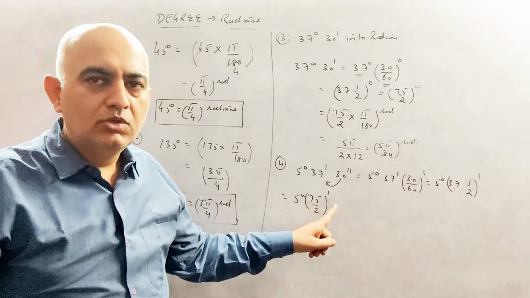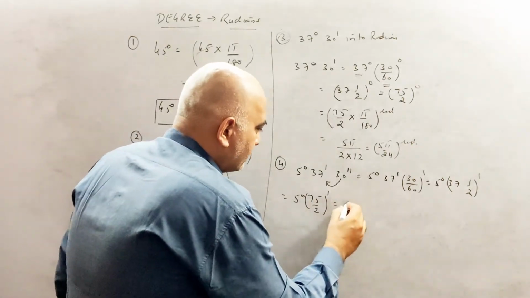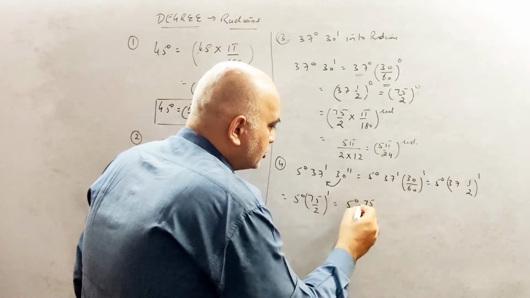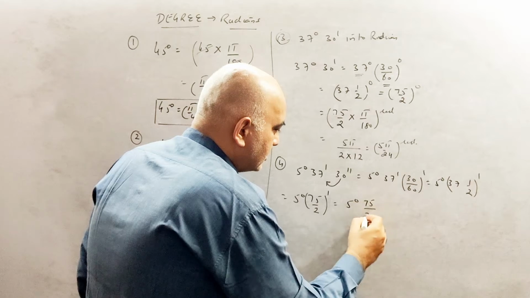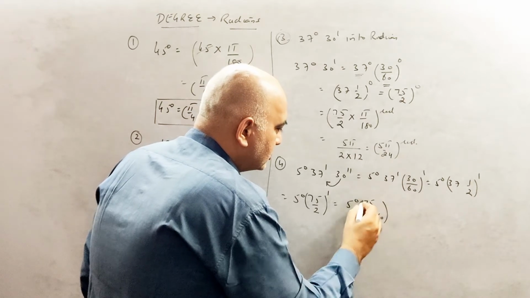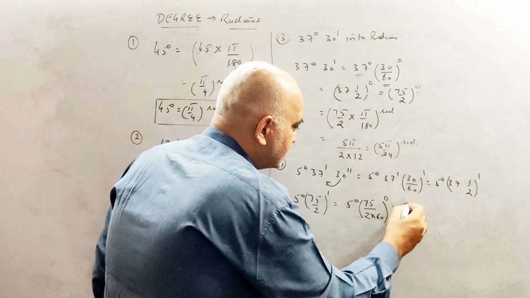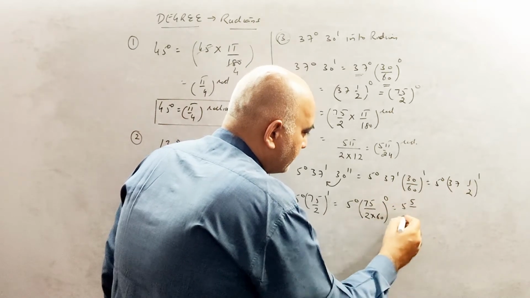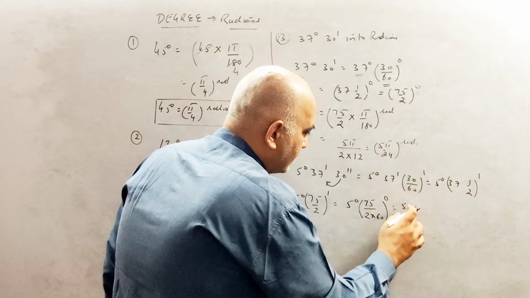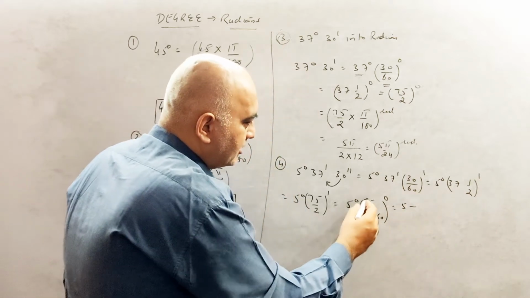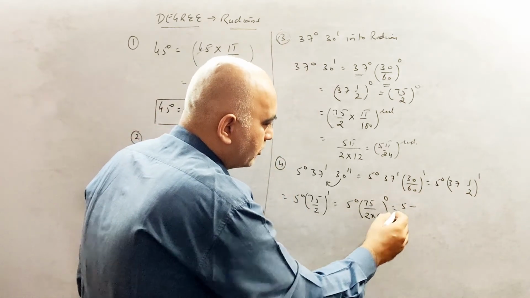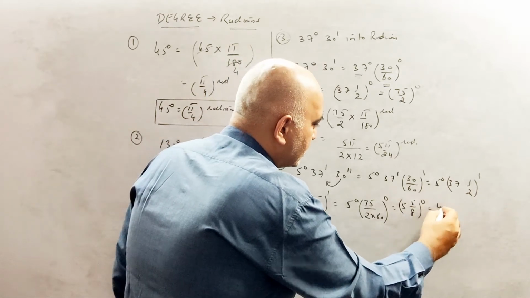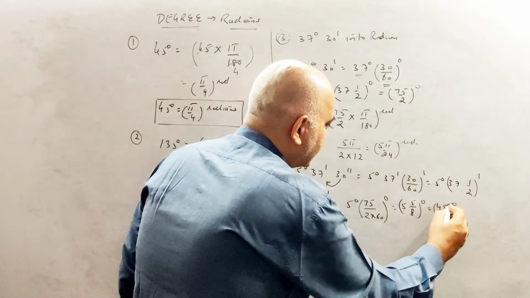Then 75 upon 2 minutes is divided by 60 to obtain degrees. We can divide by 15, that is 5 upon 4, 5 by 8 degrees, that is 45 upon 8 degrees, right?